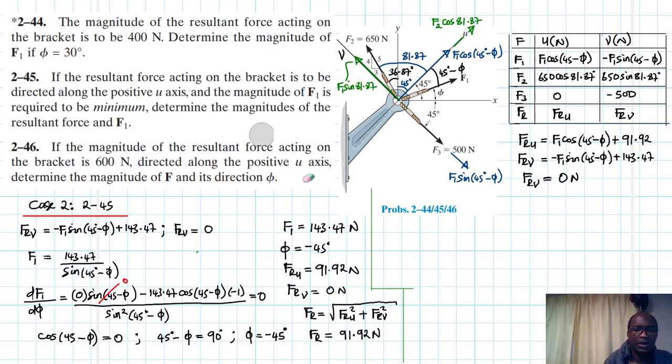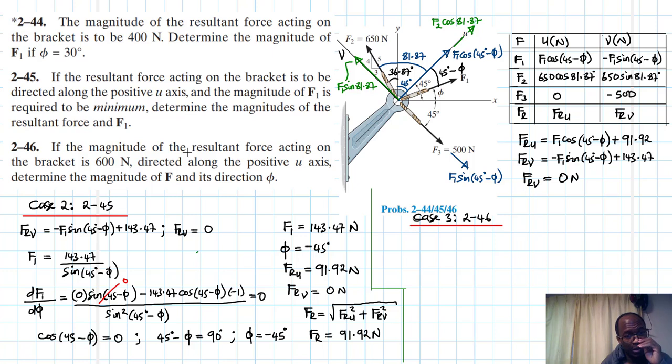Great. Then in the second case, so we are now at case 3, which is 2-46. Alright, what have we been asked here to find?